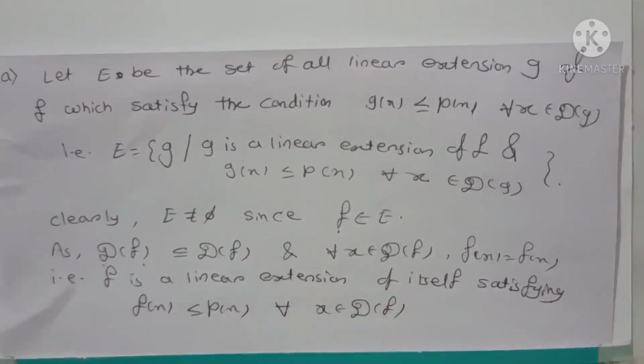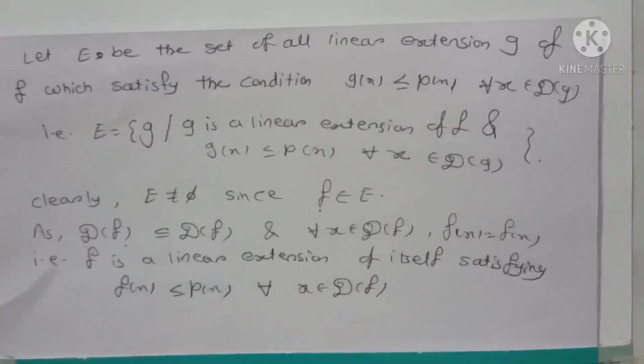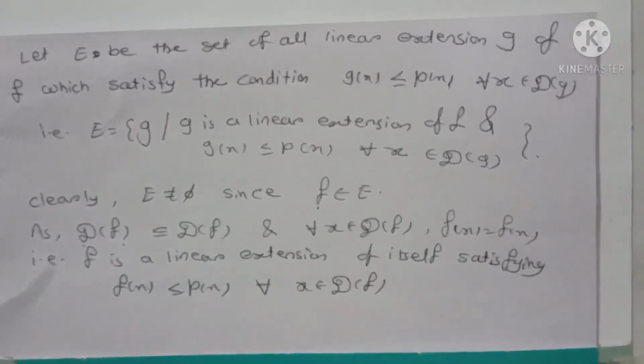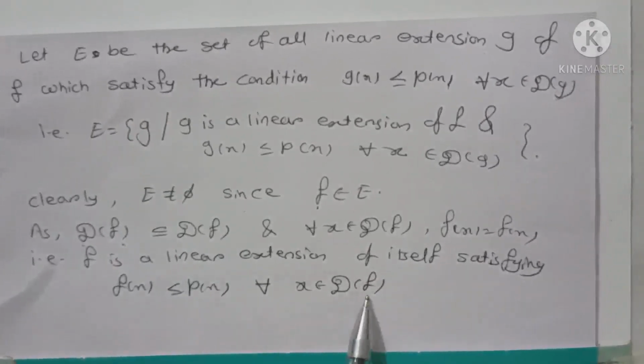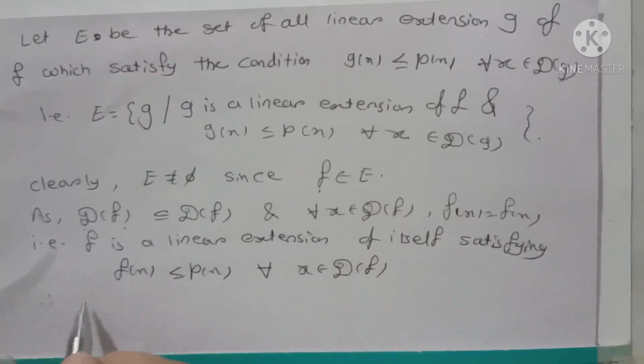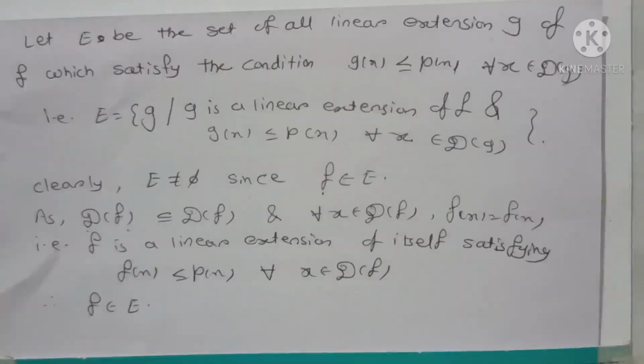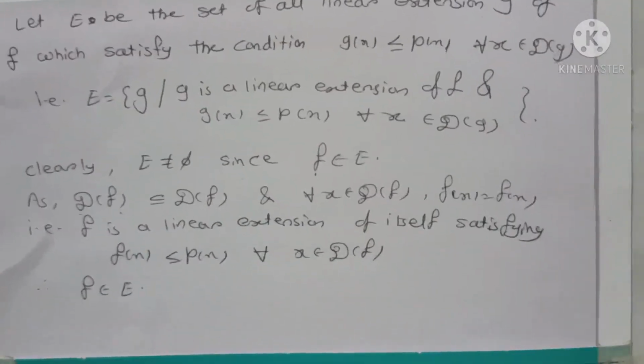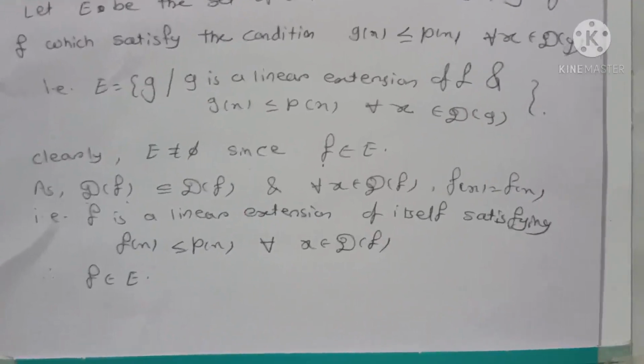Actually these are all the given conditions, but we just use them to show that f is a member of capital E, and therefore f belongs to capital E, and hence E is non-empty.